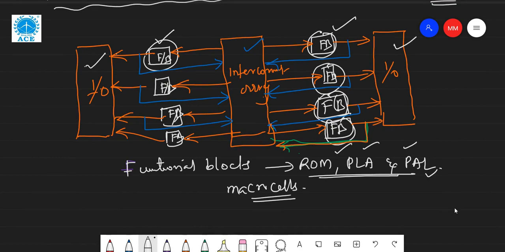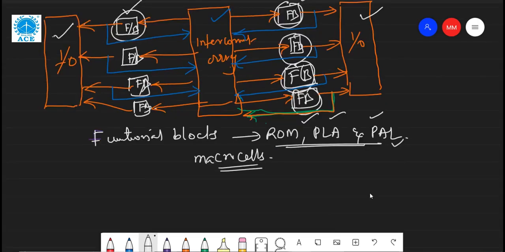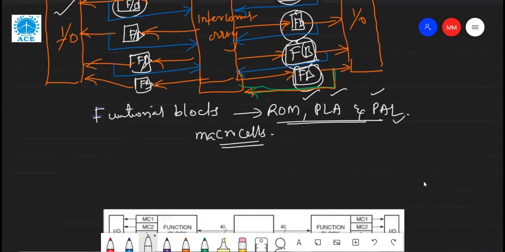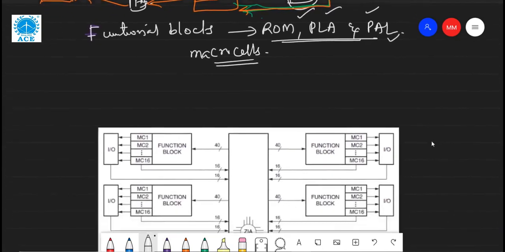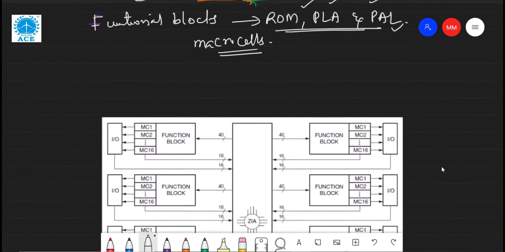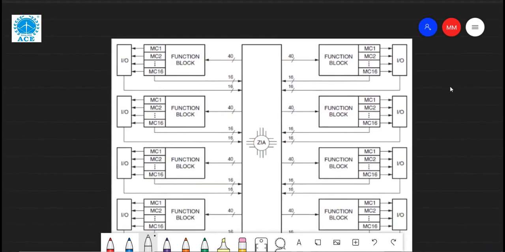So let us see one example architecture of a CPLD.